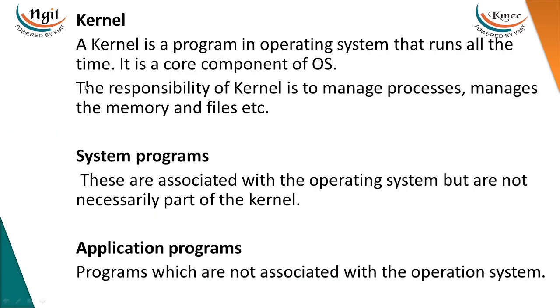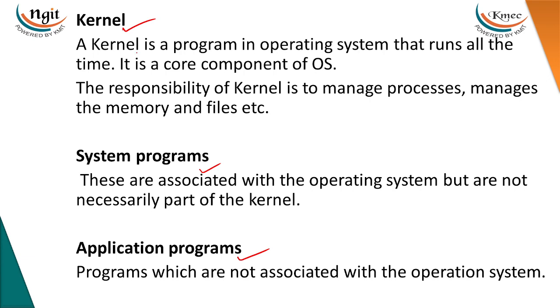There are some terms related to operating system that we often use. First is kernel, second is system program, third is application programs. The kernel is the core component of operating system. The kernel starts running when your computer is turned on.